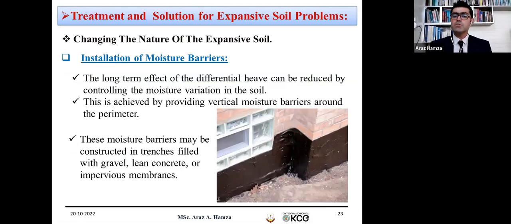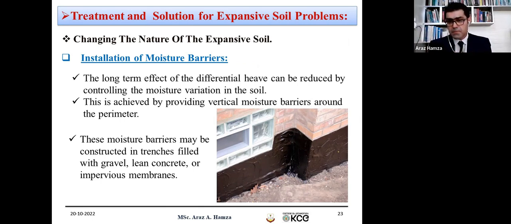Installation of moisture barriers. If you remember, we said that the main reason is the water content or water variation. How? By two different effects. We said that there's a short-term effect and a long-term effect. How do these mechanisms work? By the capillarity of the water, by extracting water to beneath your foundation.